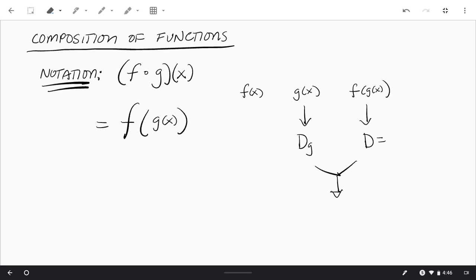Let's say that when you do the composition, you get x plus 1. Then the domain of that final function is all real numbers. I don't want to call it F because we already used F, so final function.